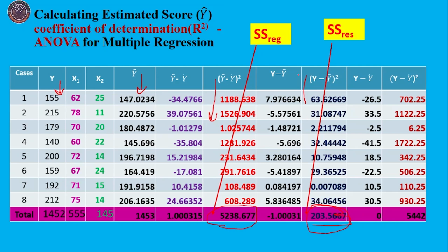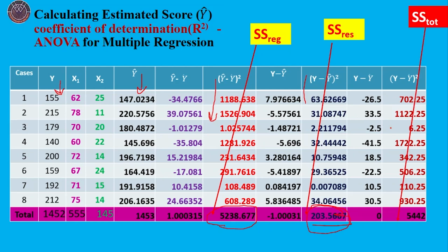Now to get the total sum of square, first we have to subtract each observed value of y with its mean. So each value of y is subtracted with its mean. We have got for the first minus 26.5, then 33.5, and once you square it and add these, you will get the total sum of square.